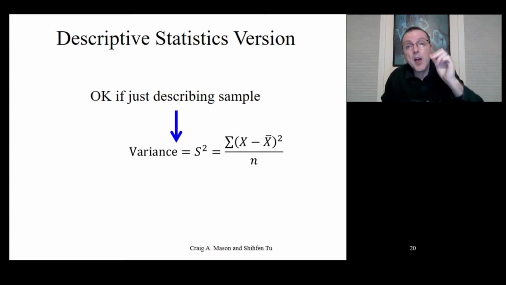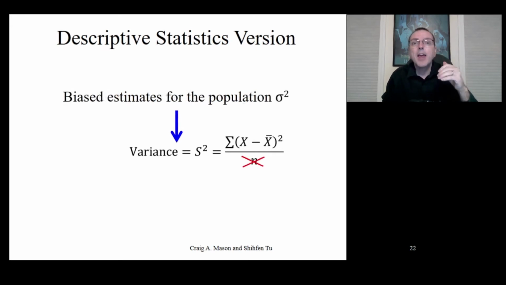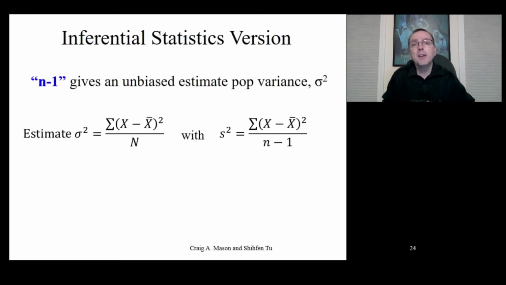While n in the denominator is okay if you're only describing our sample, the descriptive statistics version, right? Dividing our sample sum of squares by n gives us a biased estimate of the population variance. The value that it gives is a little too small. It underestimates the true value of sigma squared.